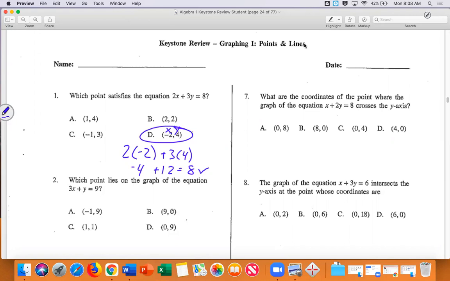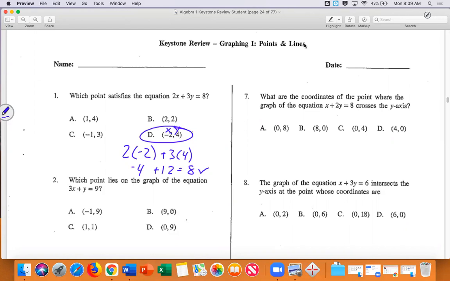Lies means that you're figuring out the answer is correct. Okay, so I see how you're interpreting the word lies, but they're actually talking about lies on, like if something lies on, it's on it, right? So we're talking about which one is on the graph, not which one is fibbing to it.